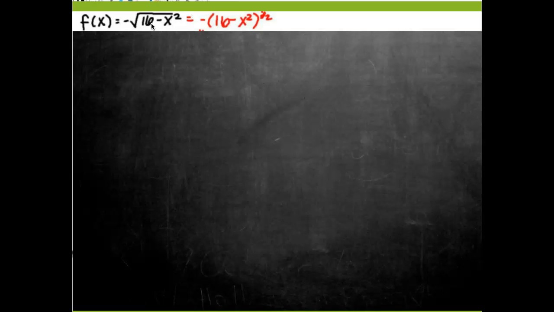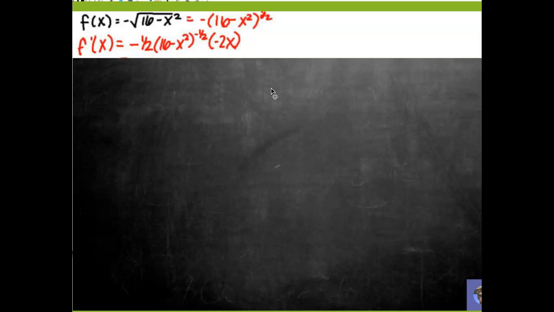So right away, I know that my domain of this function are x values such that x cannot be farther apart than 4. Like my range and my domain are going to live in the space between -4 and 4 and so forth.